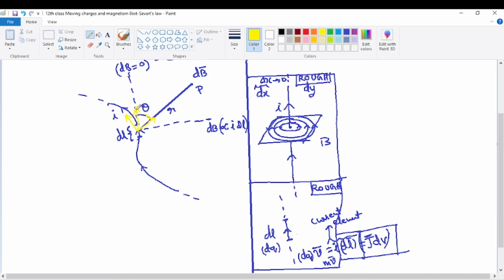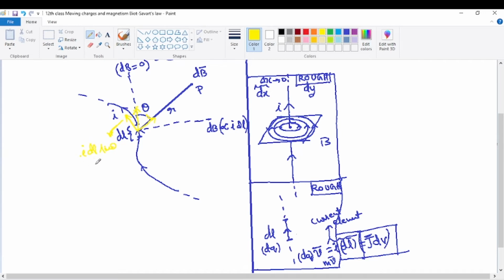So this momentum vector, the charge momentum vector, has two components. One is the component at an angle theta, along r, and the other is the component perpendicular to r. What is the perpendicular component here? It is Idl sin theta, where Idl is the charge momentum.